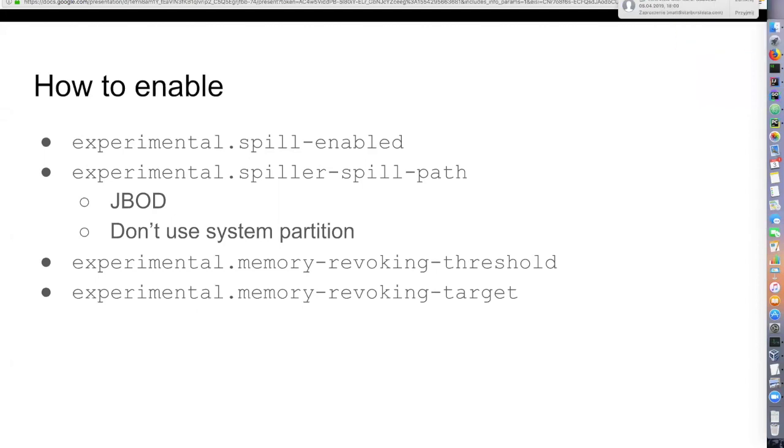Sorry, I had a question. This spilling only supports local disks right now, right? Yeah, there is no support for S3, for example. Okay, I think at some point we talked about having that sit behind some interface that eventually we could make a pluggable interface, so that someone that runs in AWS could write a plugin that would spill to S3 or some other system.